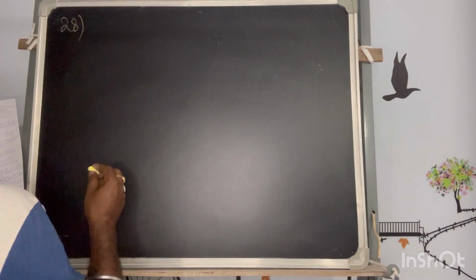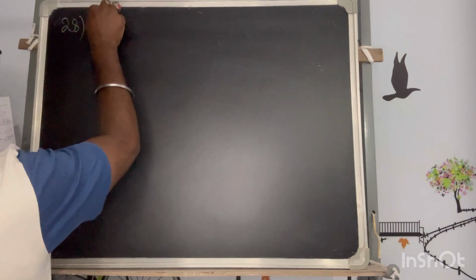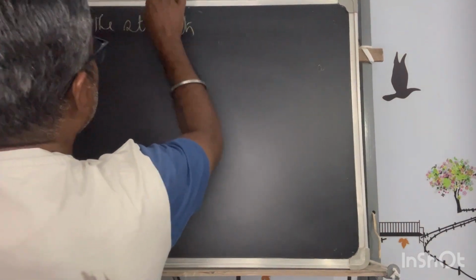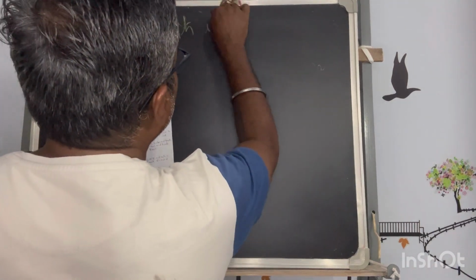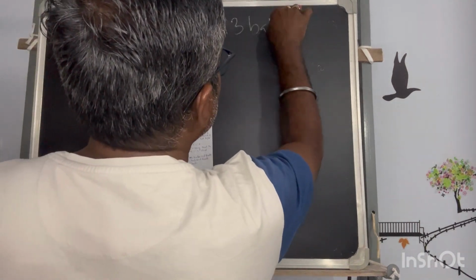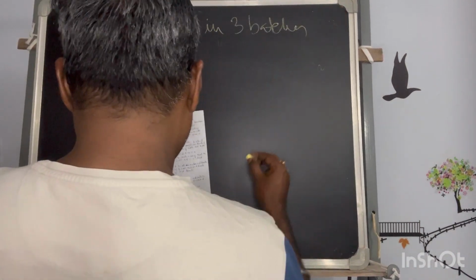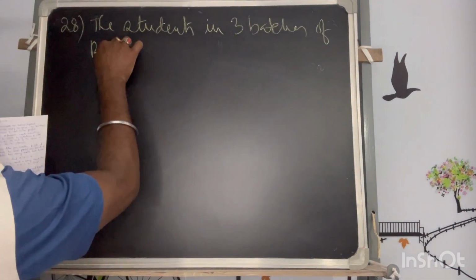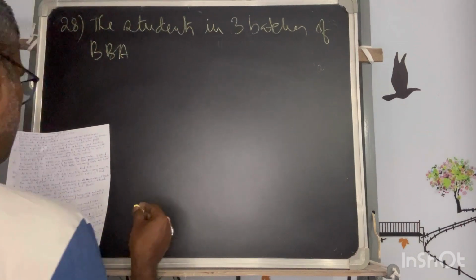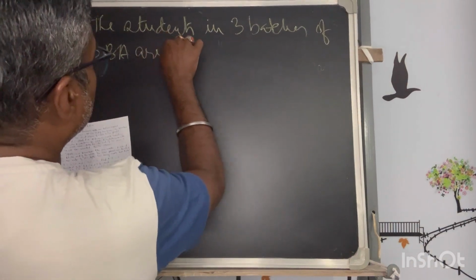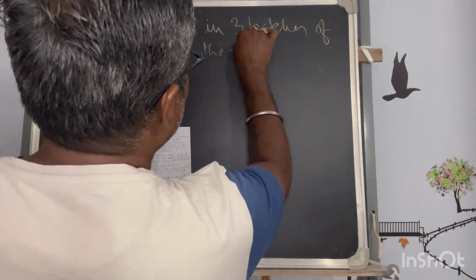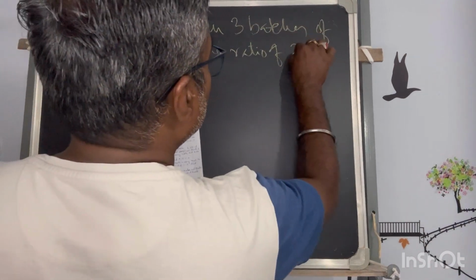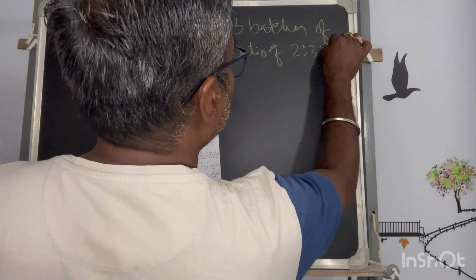The students in 3 batches of BBA are in the ratio of 2:3:5.